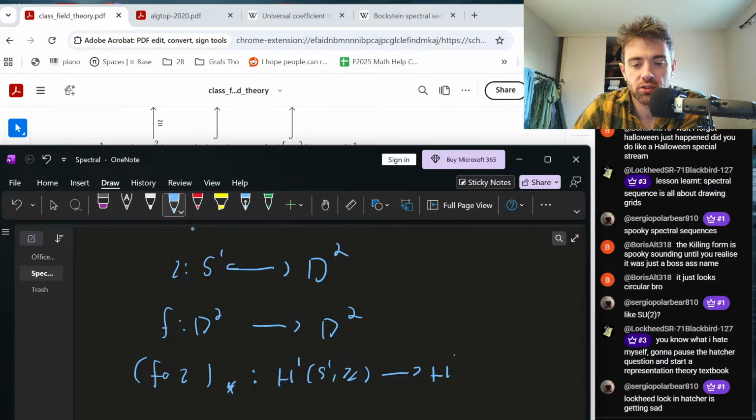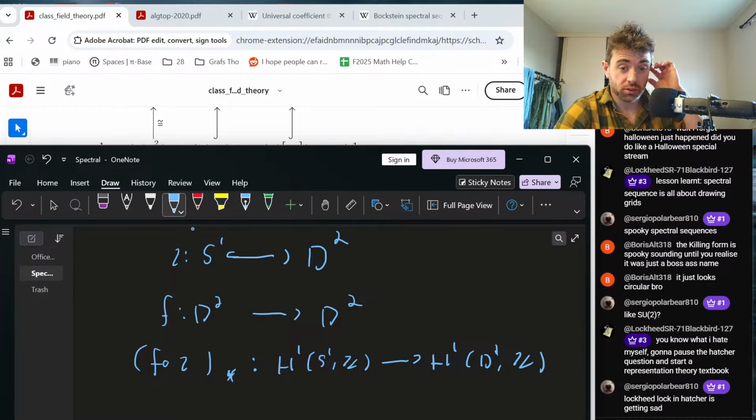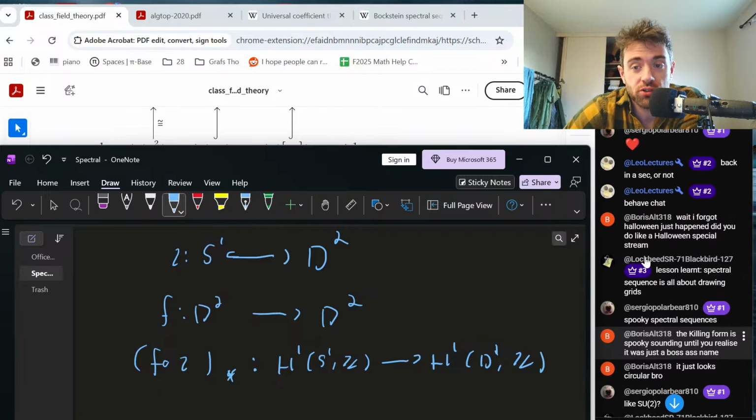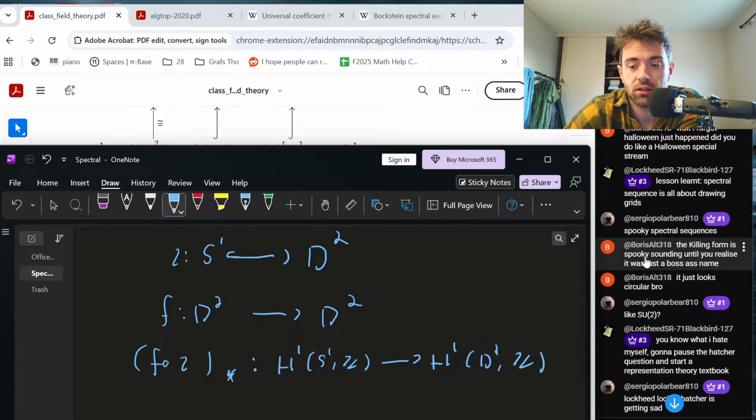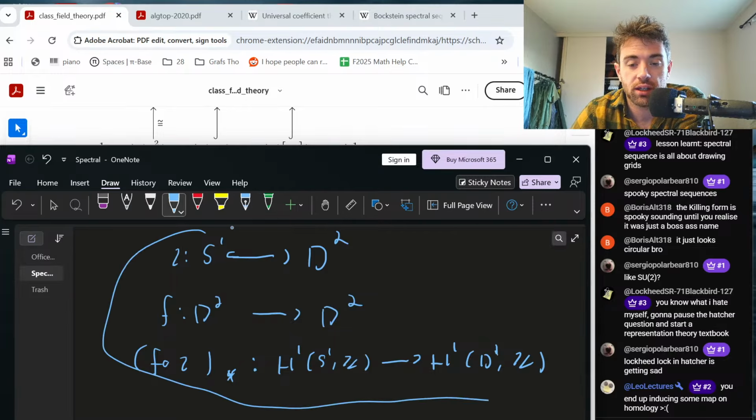And then you make some argument there about some fixed point theorem nonsense. So what I would do to solve your problem, since it's in Hatcher and it seems a lot like this, I would recommend carefully looking at the proof.